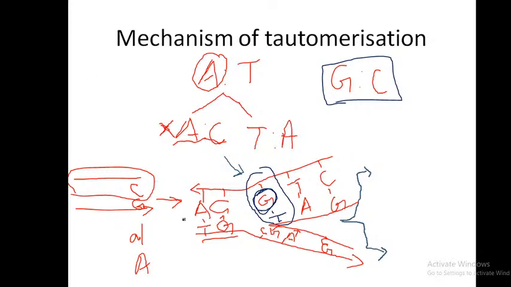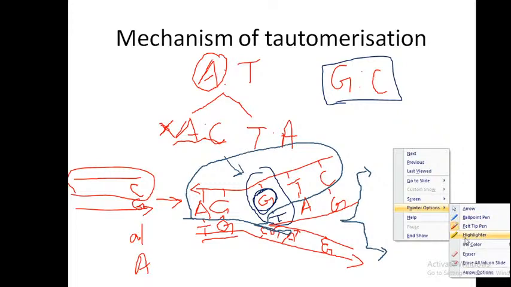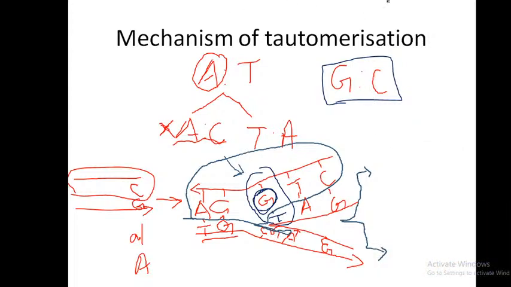After replication, we are writing this part, this much part. We are going to write here. So as a result, what is happening is, you can draw here, and after replication, tautomerization has happened, improper base pairing has happened.